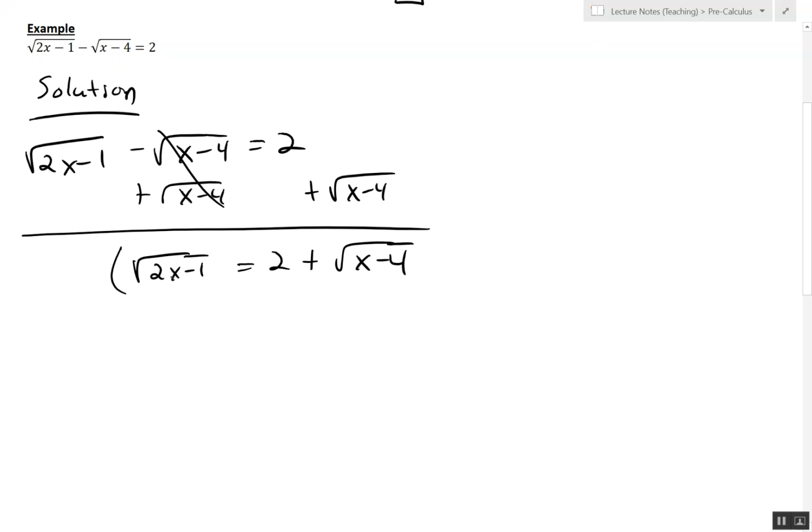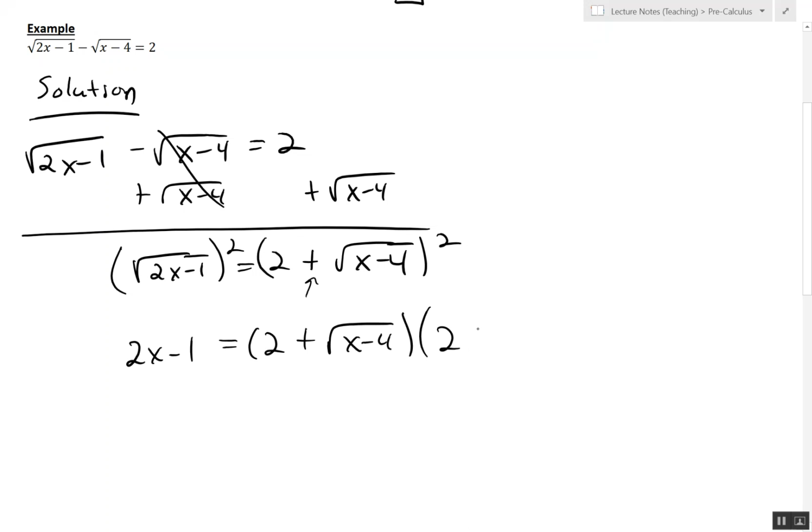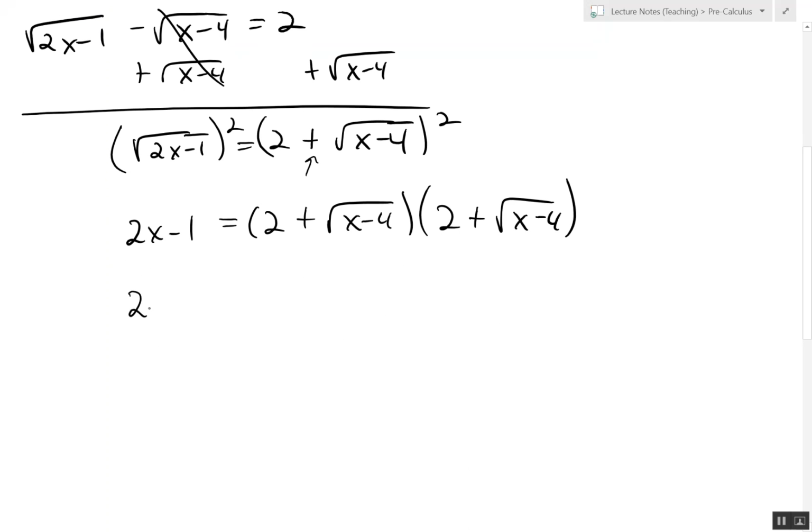And now we're going to square both sides of the equation to get rid of the radical on the left-hand side. But notice that since this is a sum, we have to FOIL this out. So 2 plus the square root of x minus 4 times 2 plus the square root of x minus 4. And then we'll get 2x minus 1.